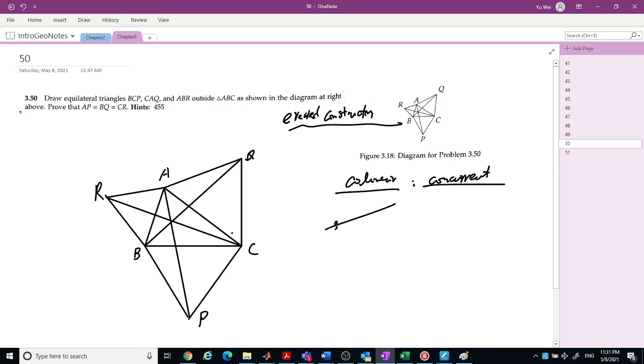Collinear means you prove all the points A, B, C are on the same line. Concurrent is you prove the three lines intersect at a single point P. There are many good properties about these erected constructions.